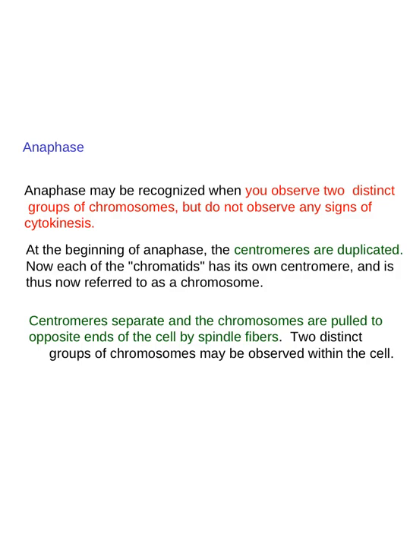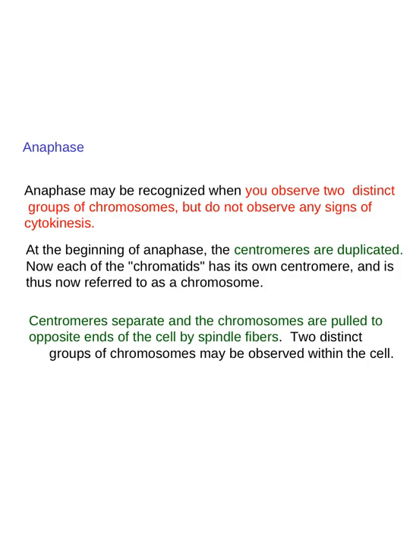The spindle fibers will actually shorten, and as they shorten, they pull the now separate chromosomes to either the left or right half of the cell, or the north and south portions, whichever way you want to look at it.